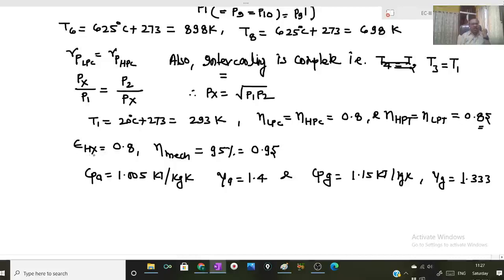Effectiveness or thermal ratio of heat exchanger is given as 0.8, and mechanical efficiency of coupling is also 95%, 0.95. Then specific heat and gamma value for air and gases are given. They are different. Okay. Now, what is this mechanical efficiency?